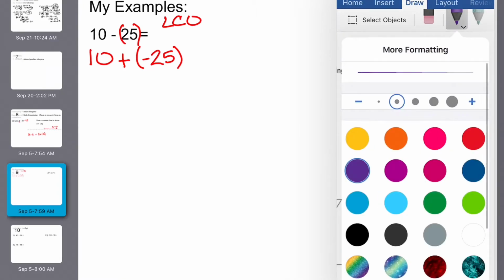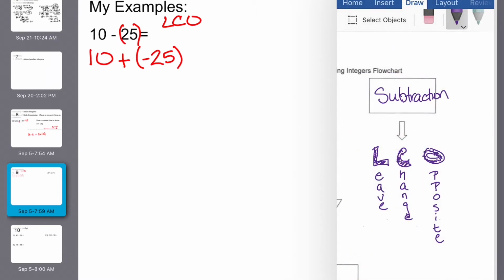So then on the flow chart, once we do leave, change, opposite, we then go to the adding flow chart, which is great because now I know exactly what to do with 10 plus negative 25.